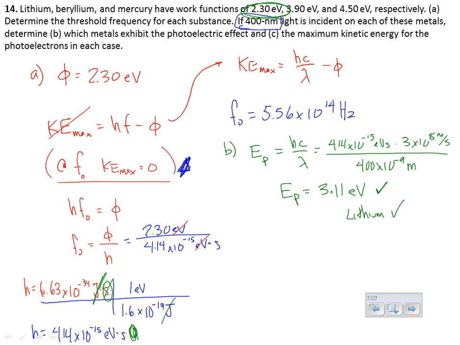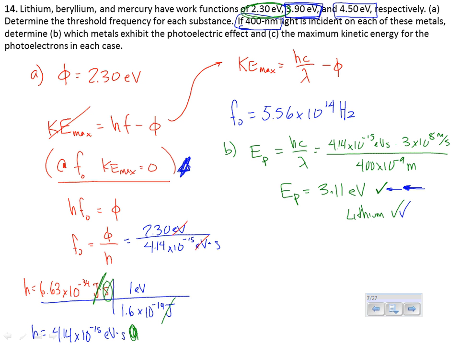For beryllium, the work function is 3.9 eV, but we're only adding 3.1. That's not enough. Same thing for mercury: it takes 4.5 just to get an electron off, and we're only adding 3.1. So lithium's the only one that exhibits the photoelectric effect with 400 nanometer light.